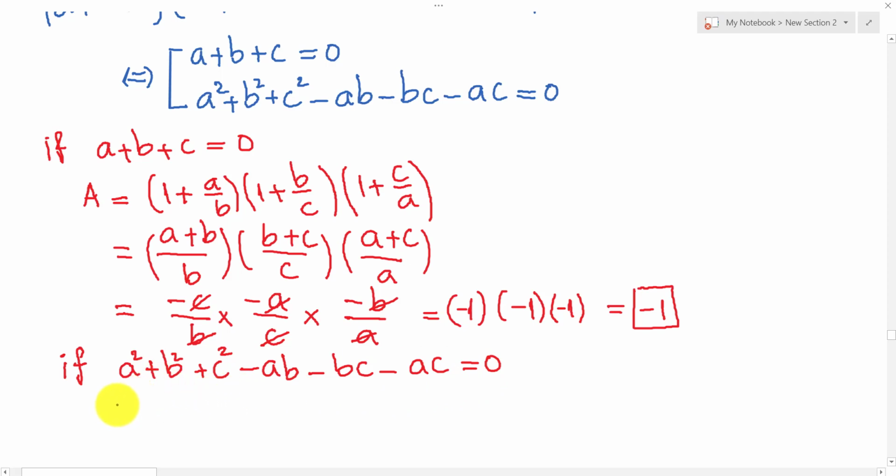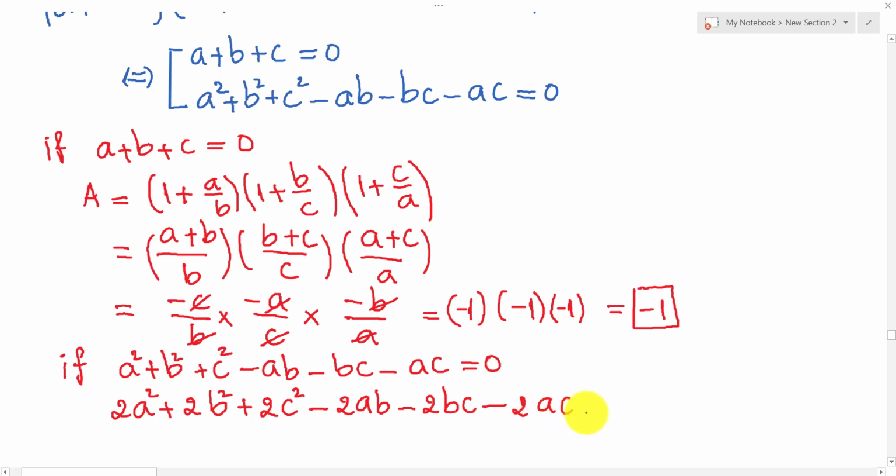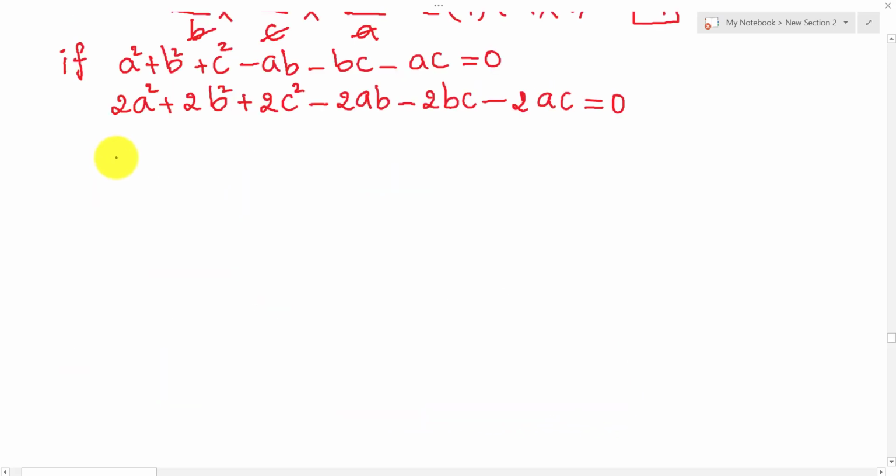So I get 2a square plus 2b squared plus 2c squared minus 2ab minus 2bc minus 2ac equals 0. And now I can group up this expression.